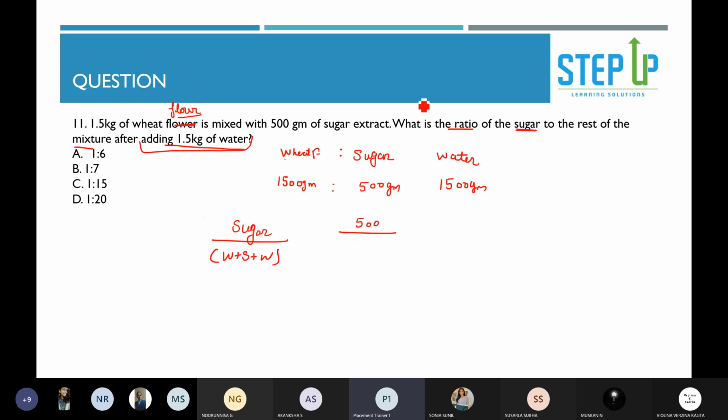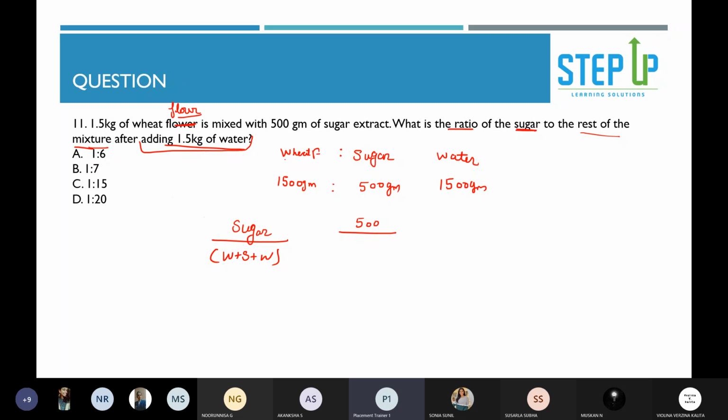Yes, ma'am. Right. So sugar to the rest of the mixture. It means, if you have seen the nutrient quantity available on any pack, if you have taken anything like, let's say, a fruity example, per 100 gram, have you seen that ever?